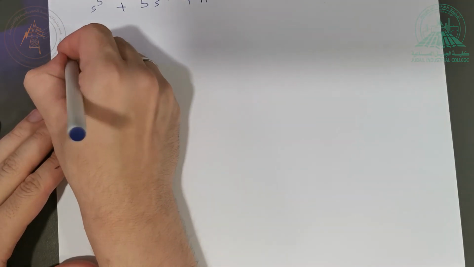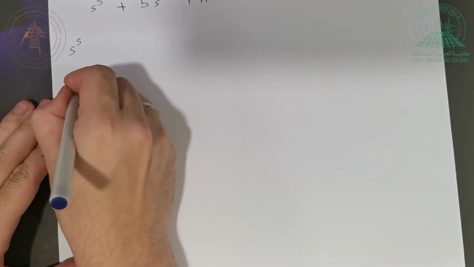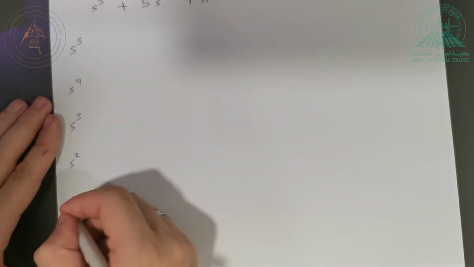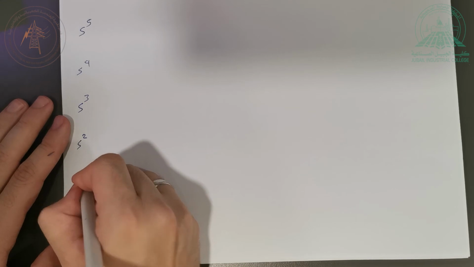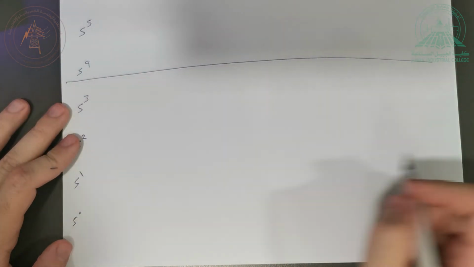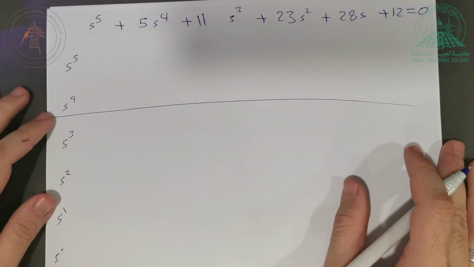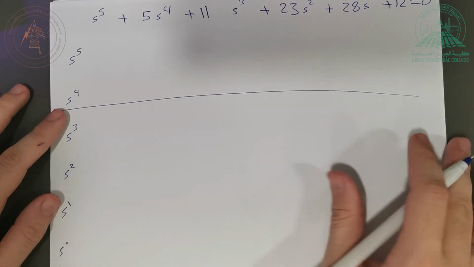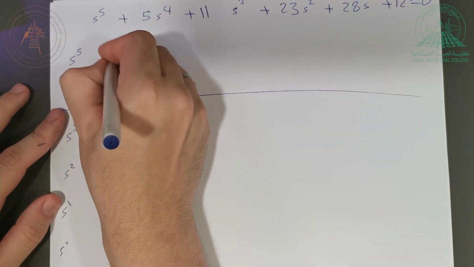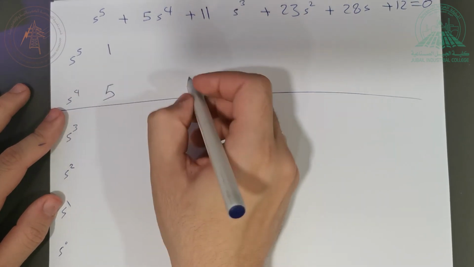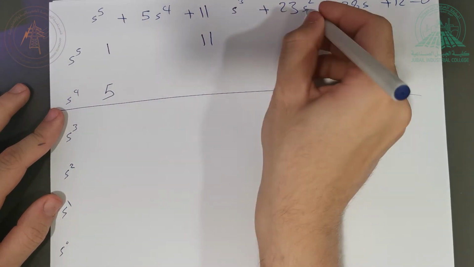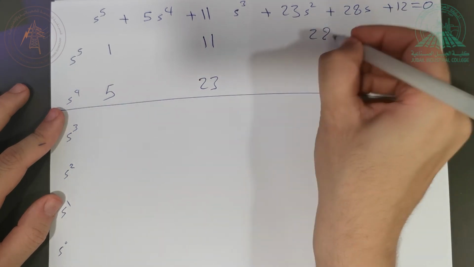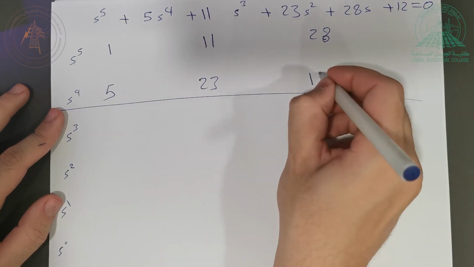So again, s5, s4, s cubed, s squared, s0. Let me just adjust it. So what are the elements that we have here? 1, 5, 11, 23, 28, then what do I put here? 12.